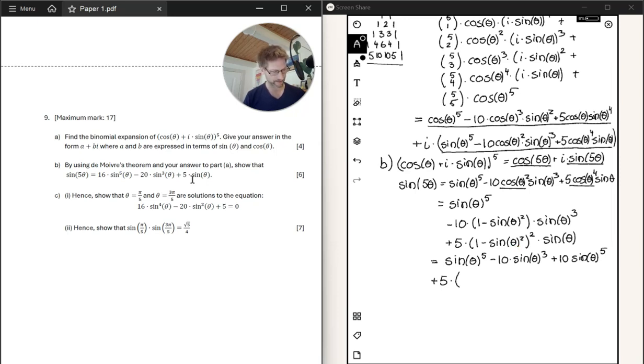So that bracket is 1 squared plus sine of theta squared, that is sine of theta to the 4, minus 2 times the double, so minus the double product, so minus 2 times this. That is 2 sine of theta squared, all of that times sine of theta.